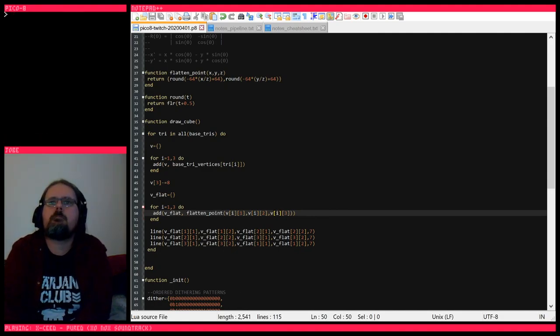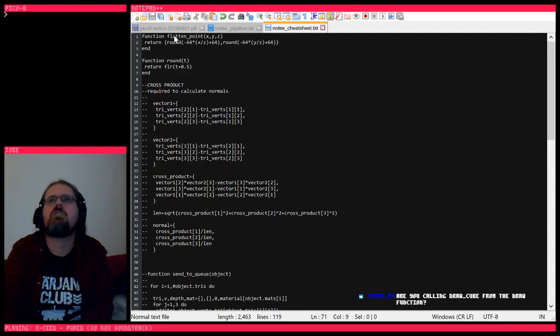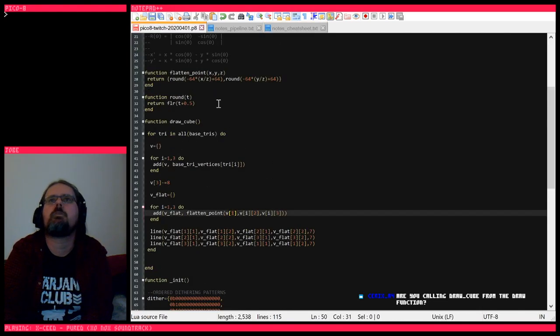Okay, folks in the chat, what have I done wrong actually? Help me out here. I do have a cheat sheet if I can't figure it out, but I'd like to remember. Yeah, this is not going well so far.